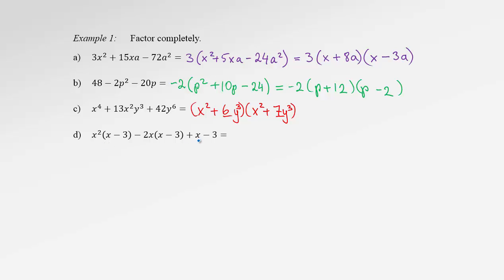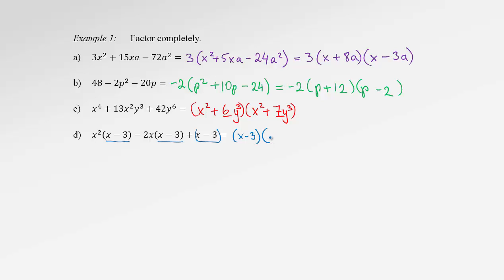The last example, let's search for a common factor. Maybe it's a little bit unusual, but if we put the bracket around x minus 3, then we can notice that this bracket x minus 3 is repeating itself in every single term. So yes, that's a common factor, we can pull it out.